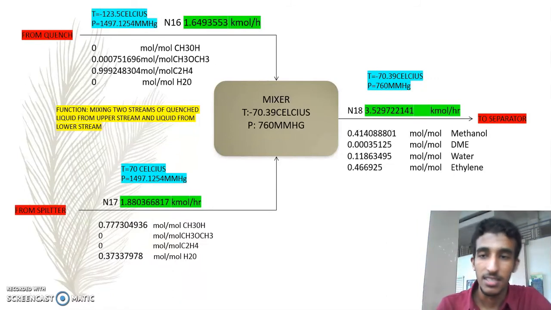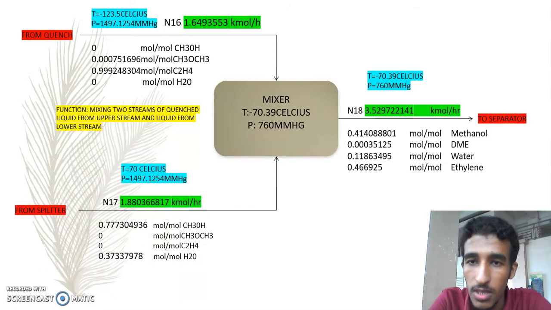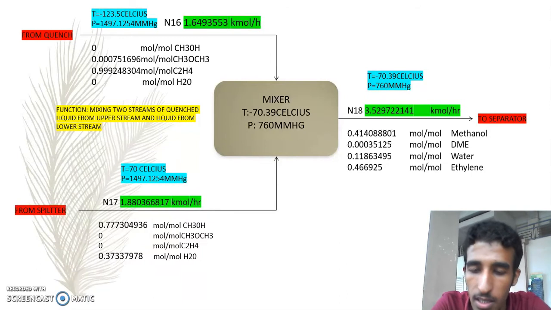Okay, for my part, the first unit is a mixer. The function of the mixer is simply to mix two streams, liquid and gaseous. One is coming from the quench at a rate of 1.6 kmol per hour, and one is coming from the separator or splitter at 1.88 kmol per hour.